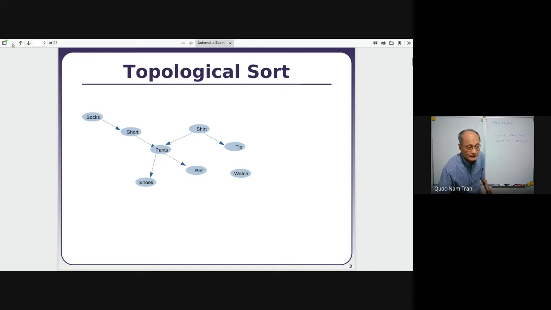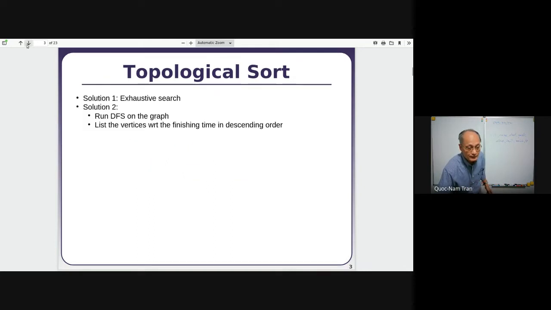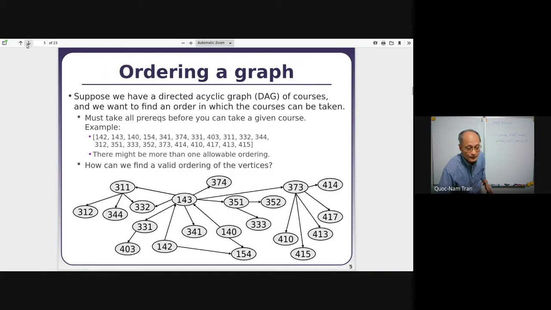Okay, so let me give you one more example, another application in our real life. That is about how to advise the students to take the courses. So remember that courses you are taking for your degree have a lot of prerequisites, right?